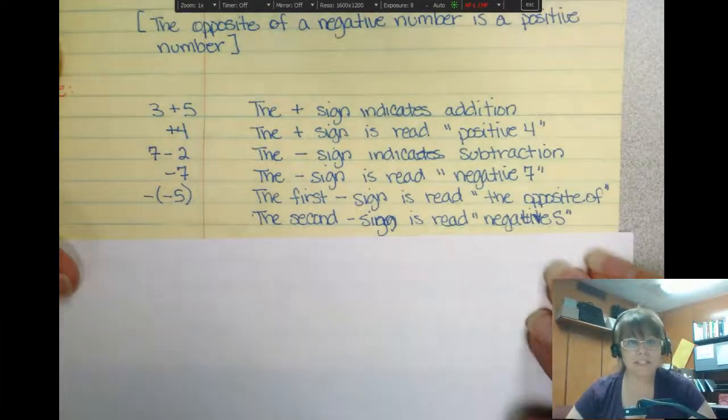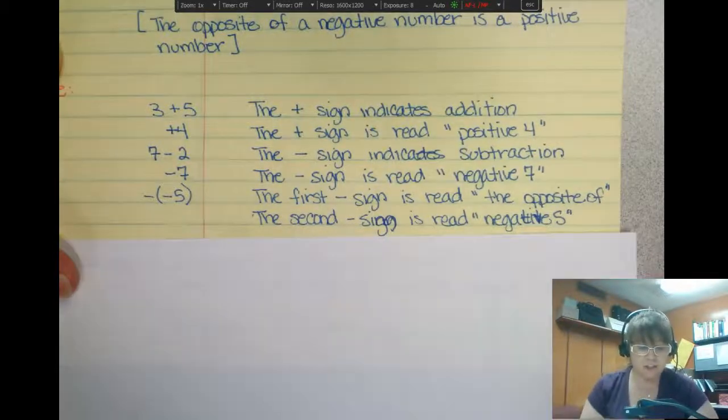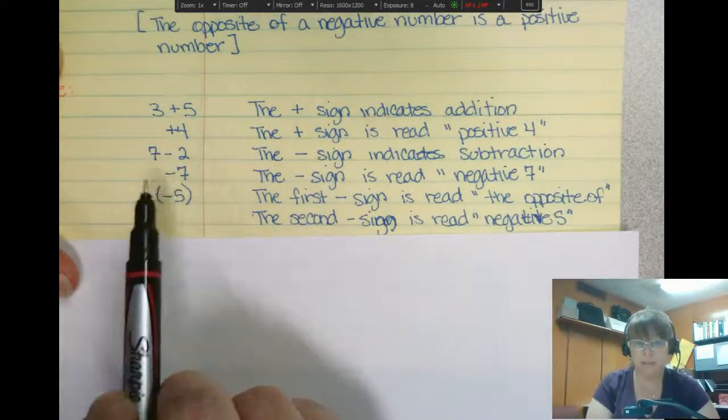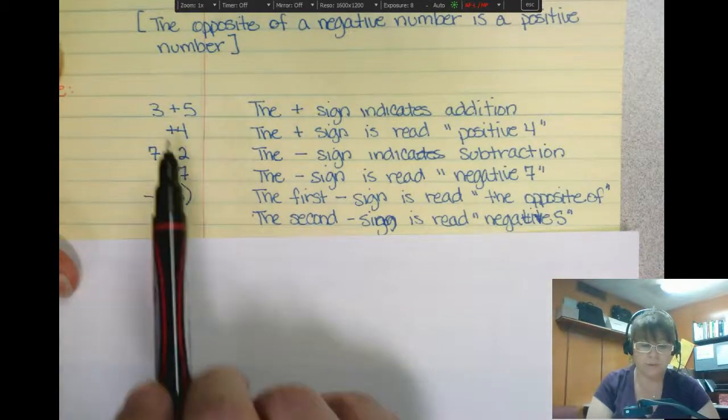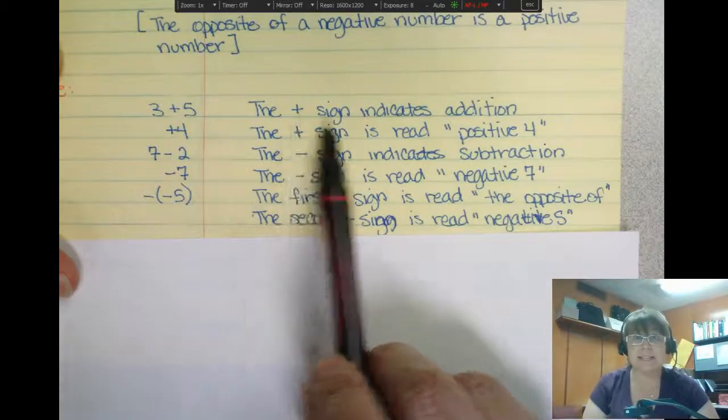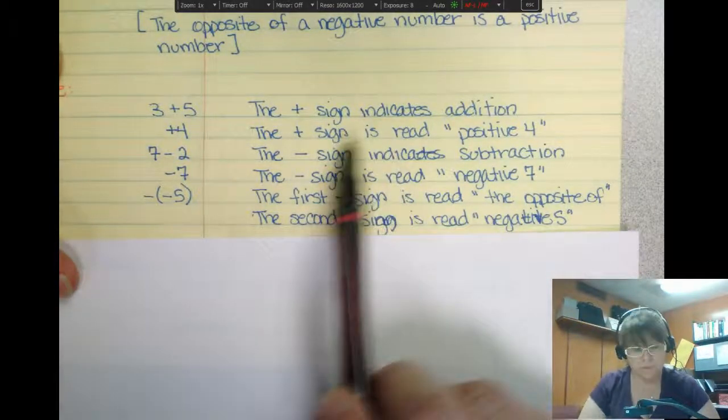Let's go through each of these examples, and each of the signs, either the plus or minus, is read a certain way, and it indicates certain things. So 3 plus 5, the plus sign in this case indicates that it's addition.